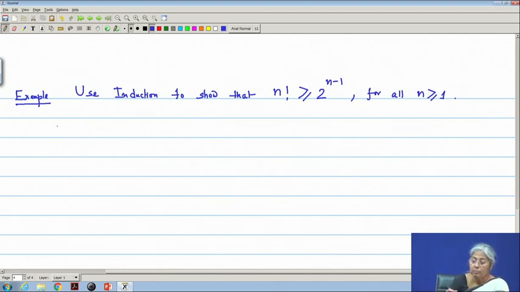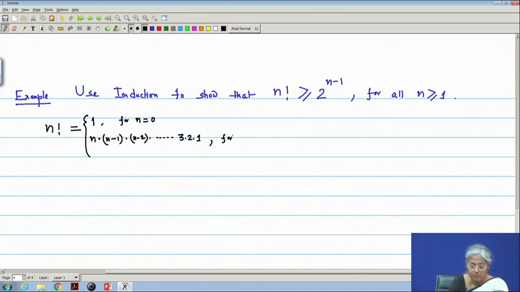So, we know the definition of factorial, that n factorial is equal to 1 for n equal to 0, and equal to n into n minus 1 into n minus 2 down to 3 into 2 into 1 for n greater than or equal to 1.